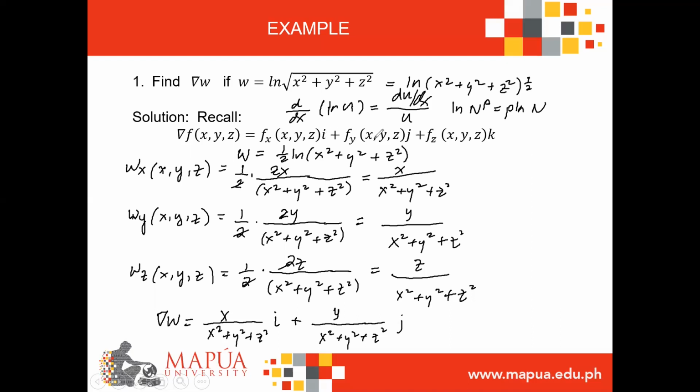That is the first and the second term. Then the third term will be the partial derivative of the function w with respect to z, which is z over x squared plus y squared plus z squared times k. So this is the answer for problem number 1.